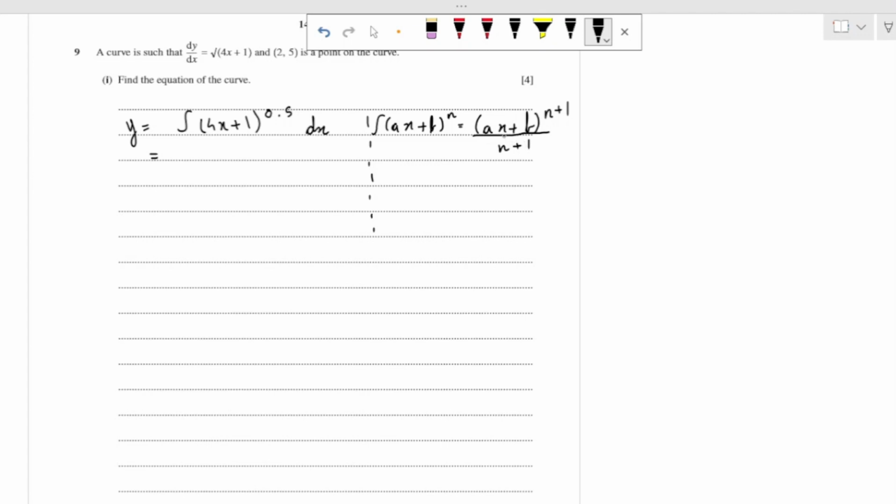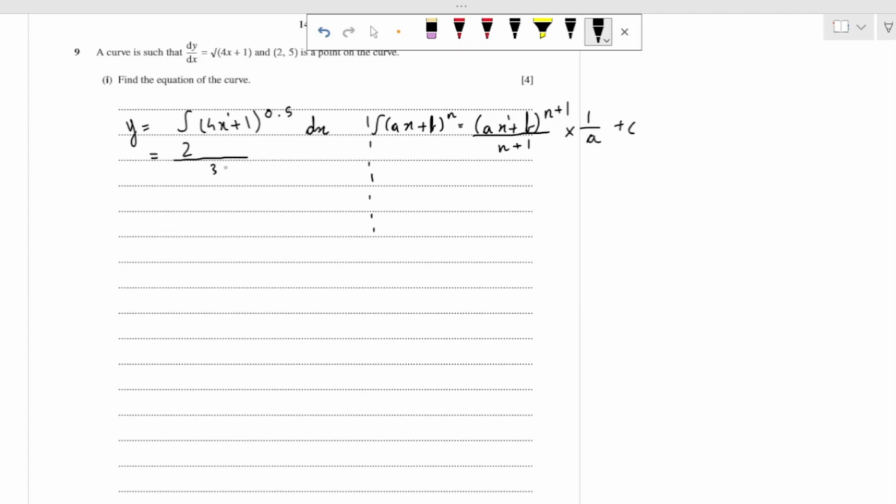You also need to integrate the values inside the brackets. By the chain rule, you multiply it by 1 over a, plus the constant c. Note this only applies if the power of x is 1. In this case the power of x is 1, so we can apply the same thing here. When we drop the power, we get 2, and down it will be 0.5 plus 1.